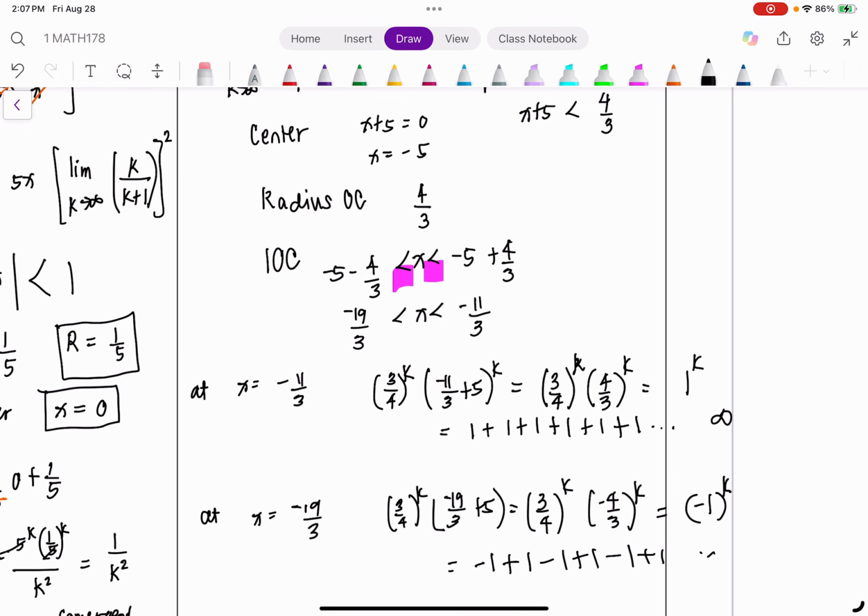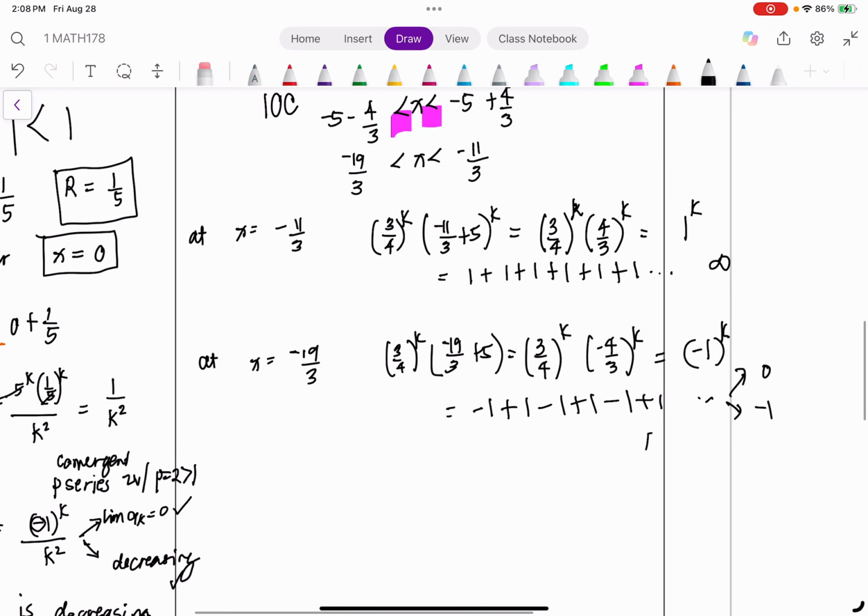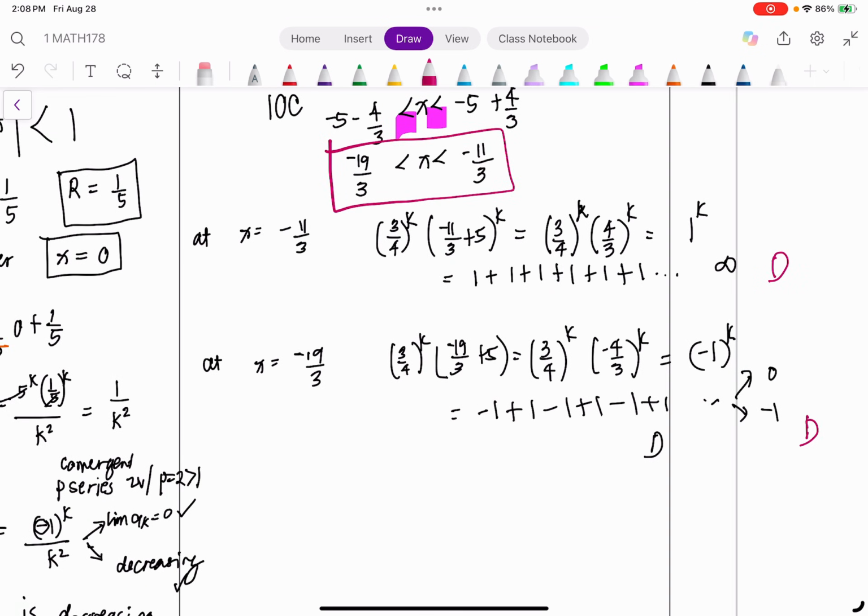So this would be either 0 or negative 1. So there's no unique value, so it would be divergent as well. So it would not include both endpoints. This is divergent, this is also divergent. So the endpoints would not be included.